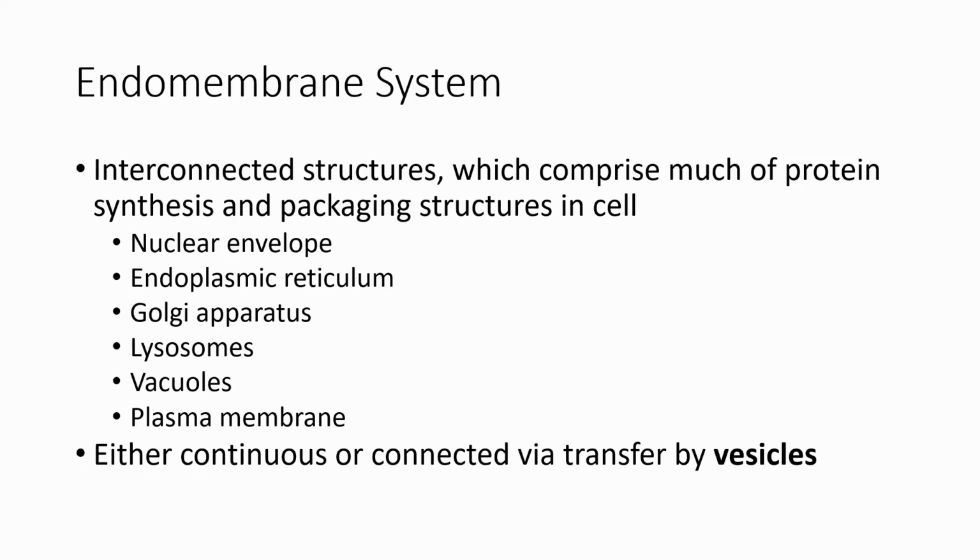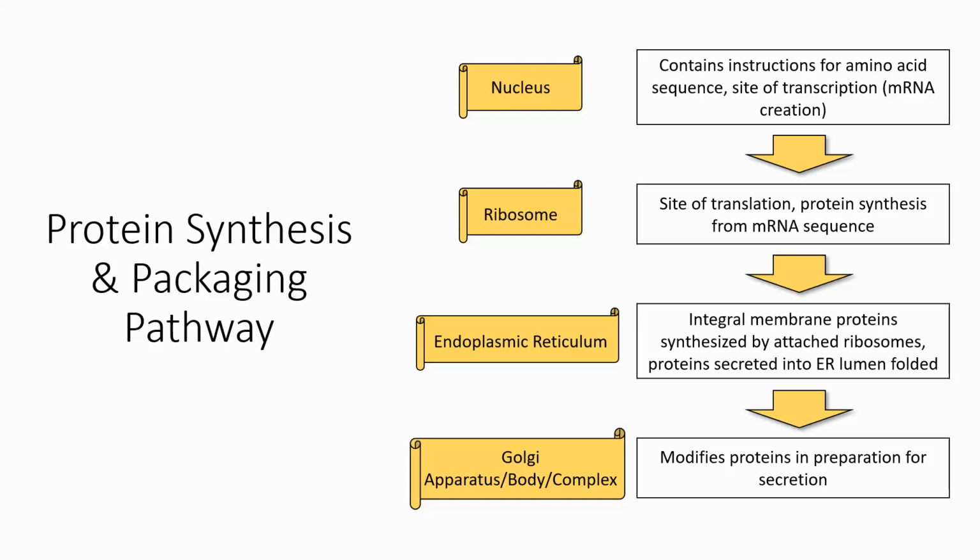These structures are either physically interconnected or they can be connected by the movement of small balls of membrane called vesicles. So this is the pathway through which proteins are going to move. They start as genetic information in the nucleus. Then that information is transmitted via RNA to a ribosome.